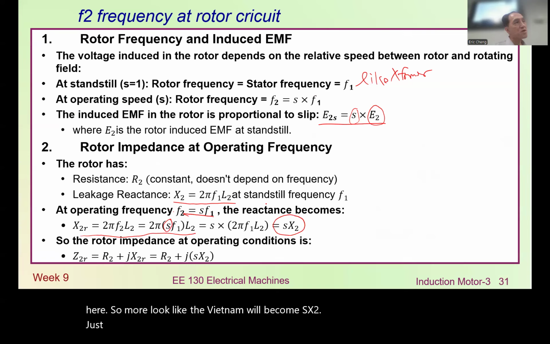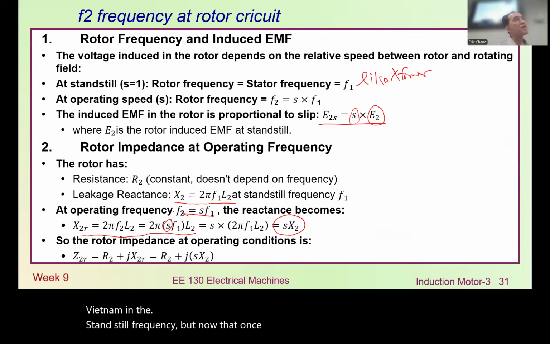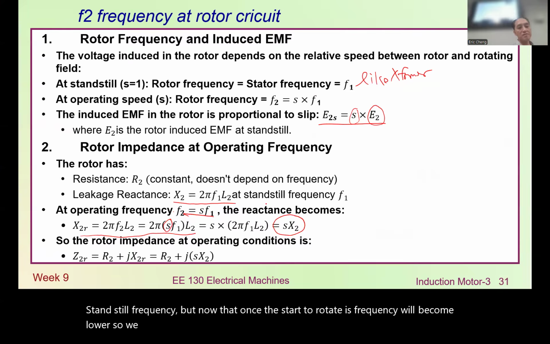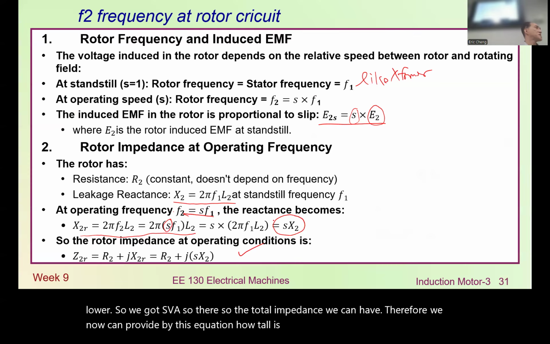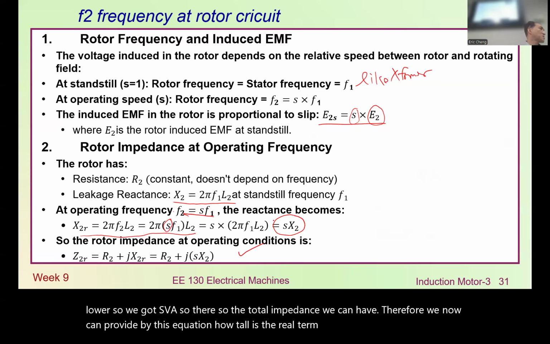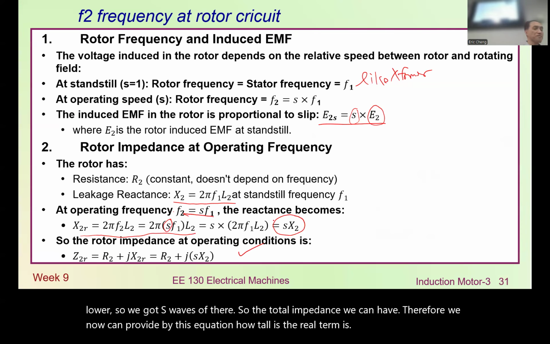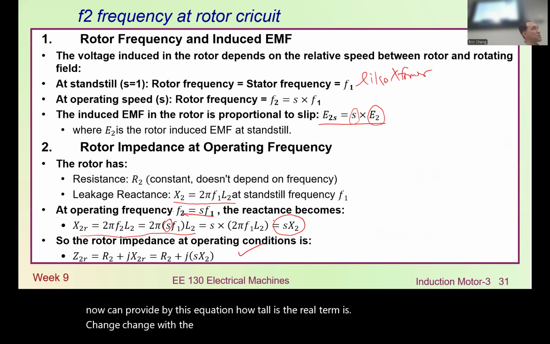Originally, X2 is the reactance at the standstill frequency. But once the rotor starts to rotate, its frequency becomes lower, so we get the S ratio there. The total impedance can therefore be given by this equation: R2 is the real term, which does not change with frequency, and X is the reactance term that varies with the frequency.